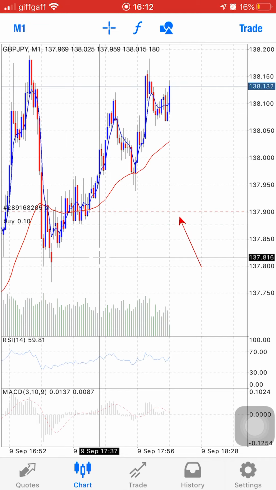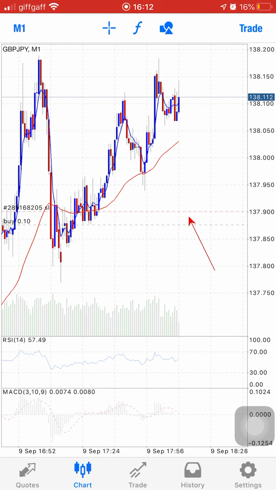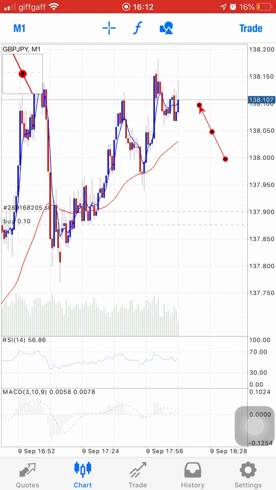Now, as we can see, the price just kept going up. There's some distance between the price and my entry point. Now I can move my stop loss further away, and in that way, if the trade reverses, I'll still come out with profit.